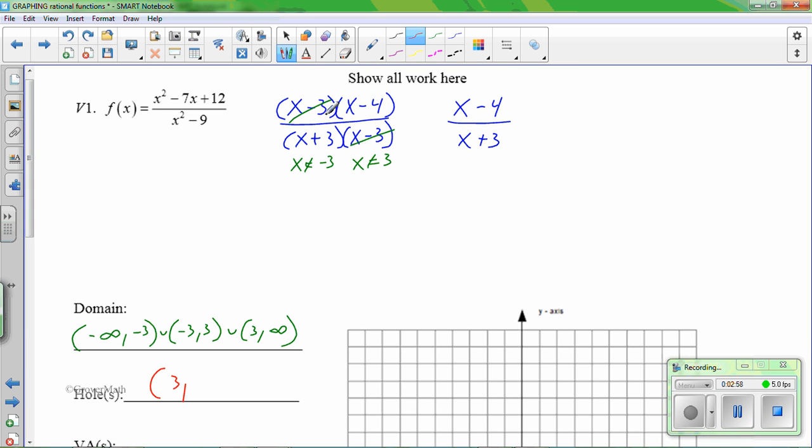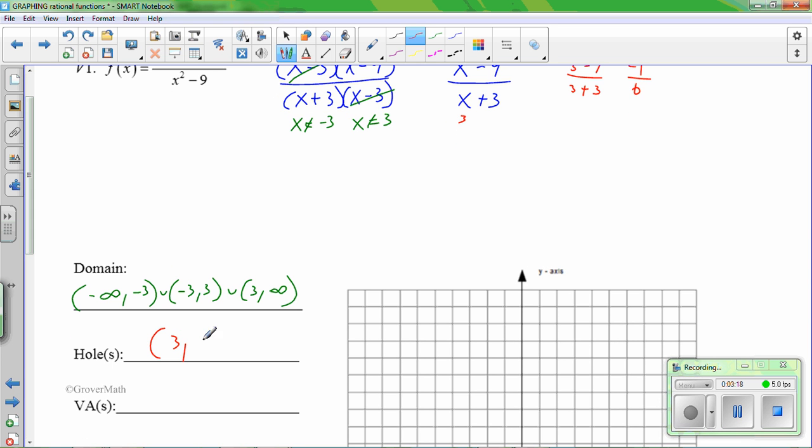Because they cross out, it's not a vertical asymptote, it's a hole, and so we have to figure out the y value of that hole. So you plug 3 in for the x values that are left over, and we end up with 3 minus 4 over 3 plus 3, which gives us negative 1 over 6. And so this is the y value of the hole: 3, negative 1 over 6.